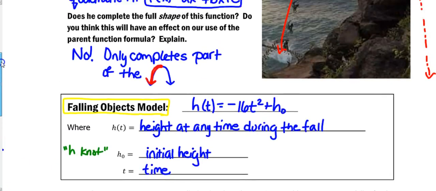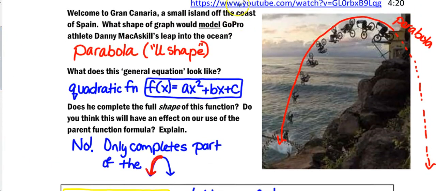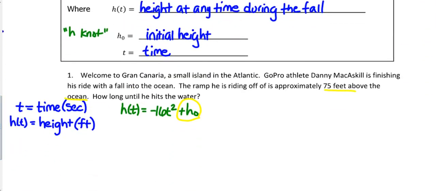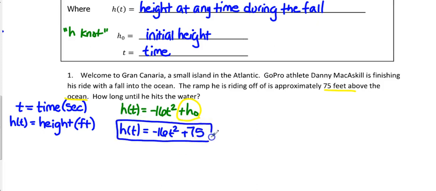So if I look at this picture here, if this is the water, if I kind of trace over the water line, this ramp that he's jumping off of, the distance from here to here is 75 feet. So his starting height is 75. I can fill that in. H of t equals negative 16t squared plus 75. There's my model.